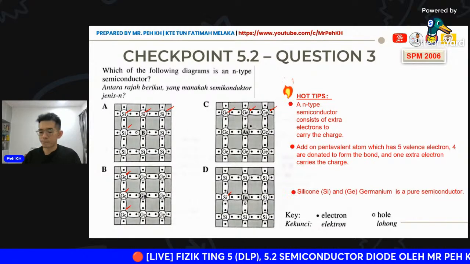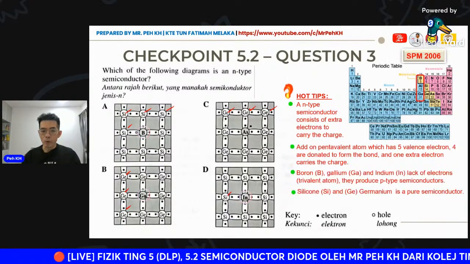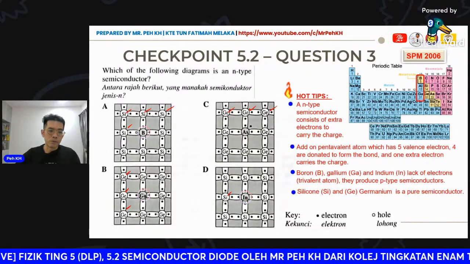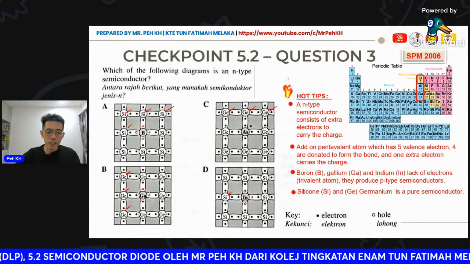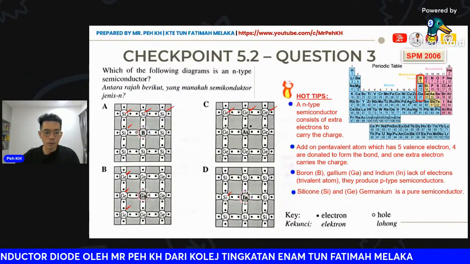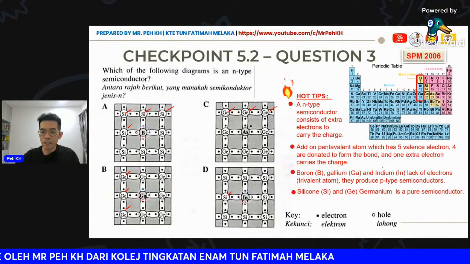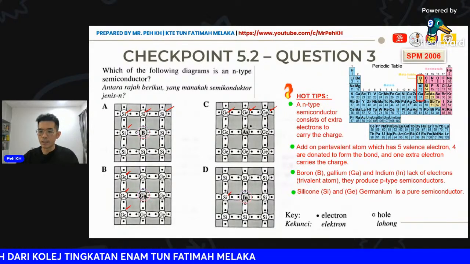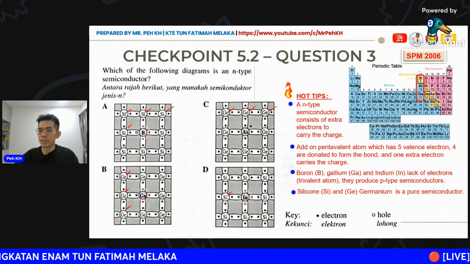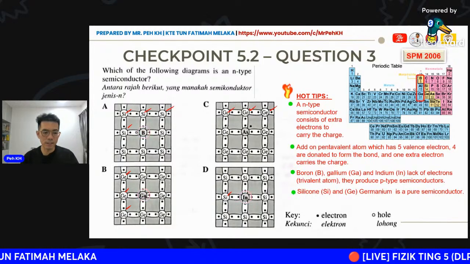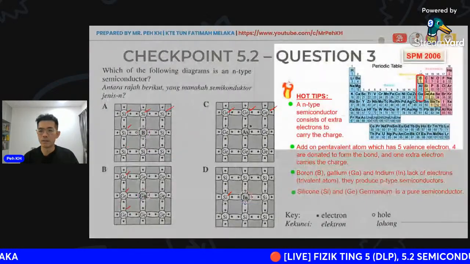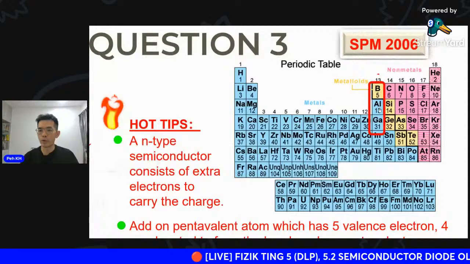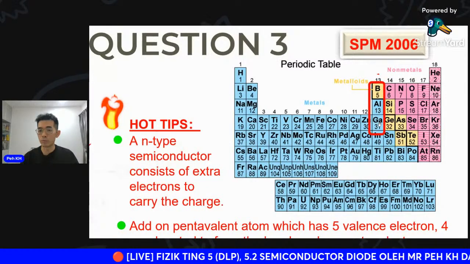Okay, and then the boron from option A, gallium from option B, and then the indium from option D are actually from group 13. You can just look at the periodic table. Okay, so boron, aluminum, and gallium come from group 13.